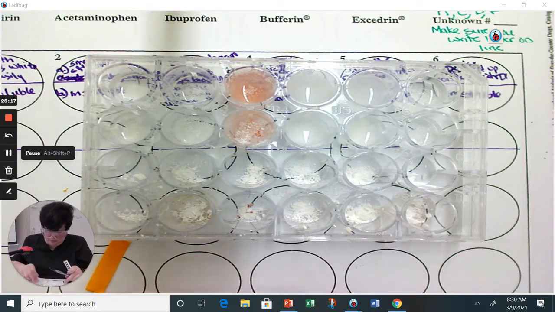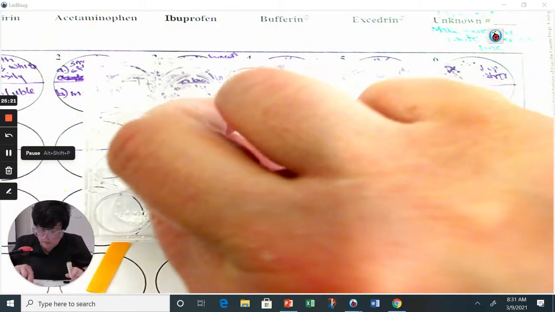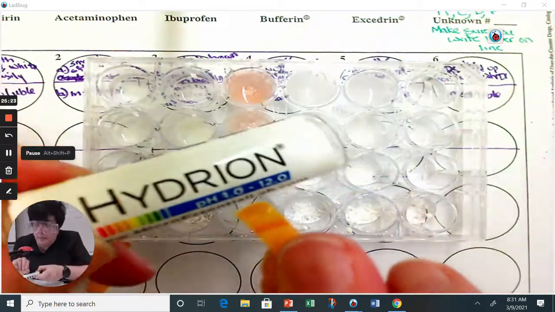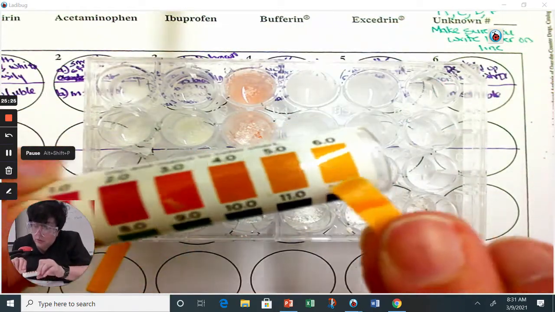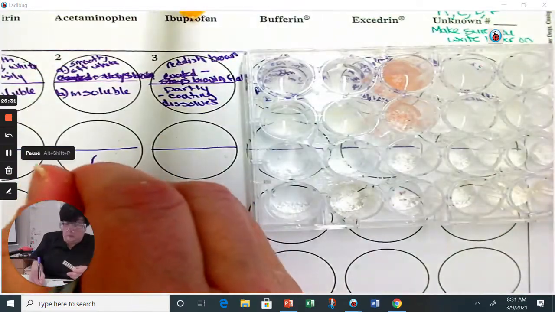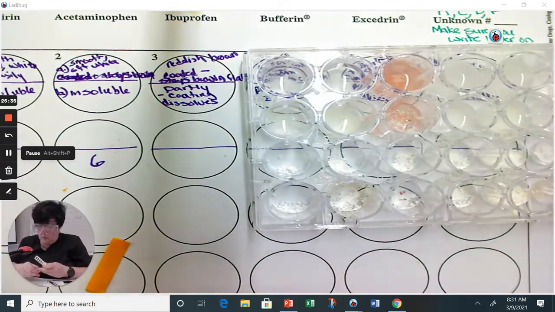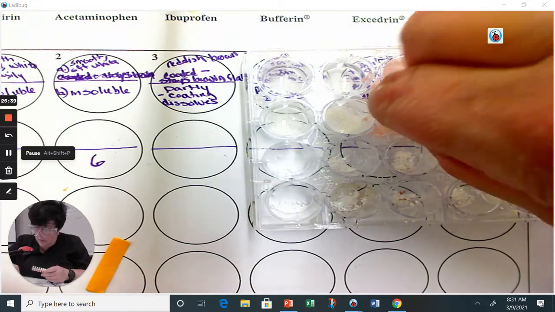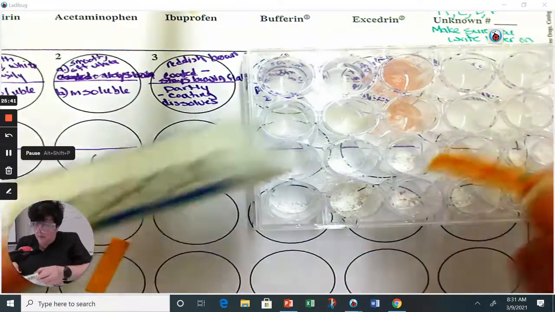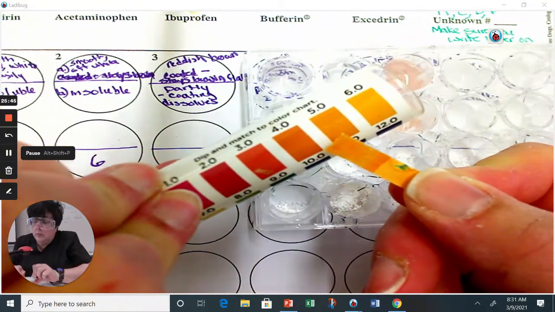Going to the next one. Ooh, yellowish. 6. The ibuprofen. Put that in. 5.